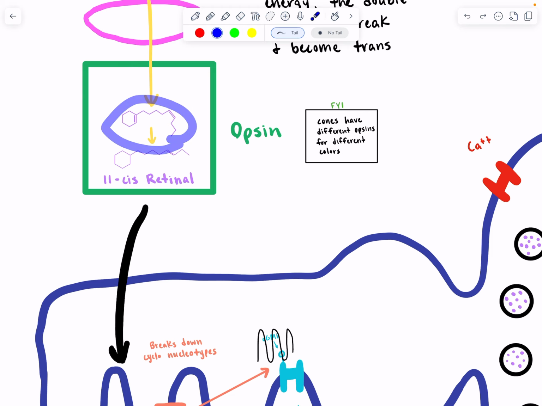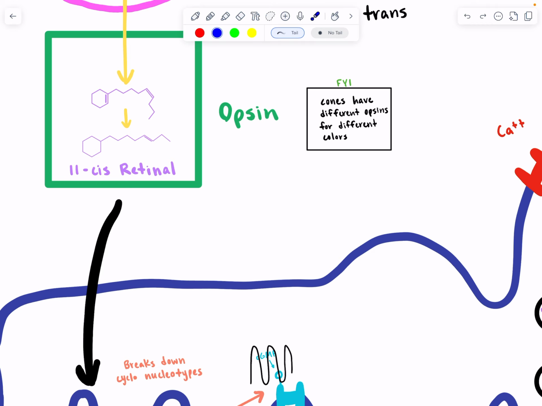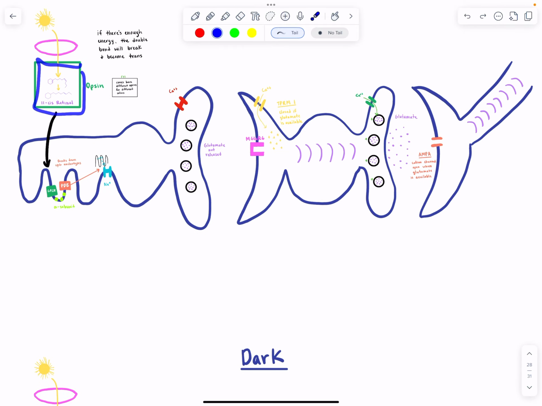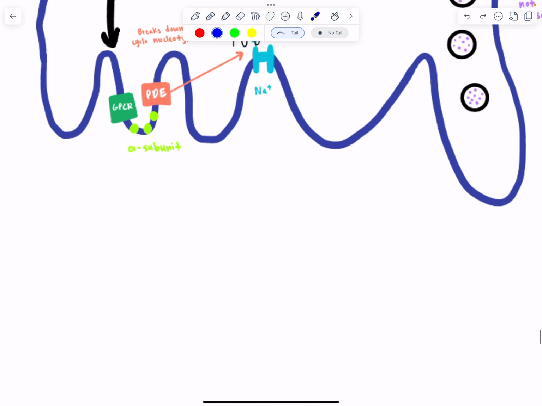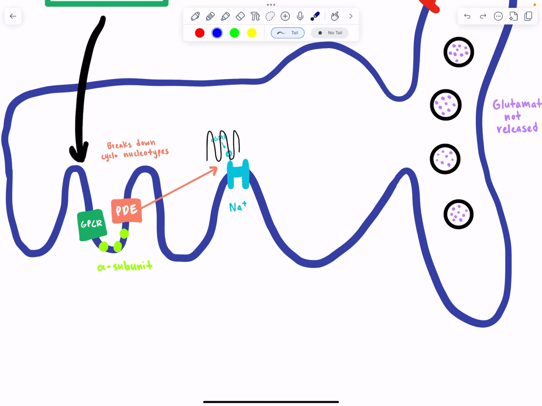If there's enough energy, it's going to break that bond and change into a trans form. When this happens, this little structure right here, this GPCR, a G protein coupled receptor, is going to activate PDE, and PDE is phosphodiesterase, I believe.